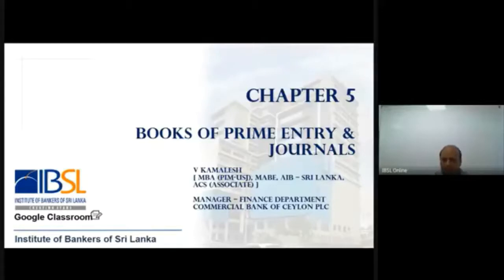The ledger is the book. How you take them there is by way of journals. So we will learn what the journals are that are required to take transactions from the prime entry books to the general ledger.